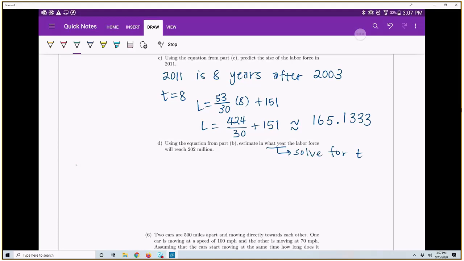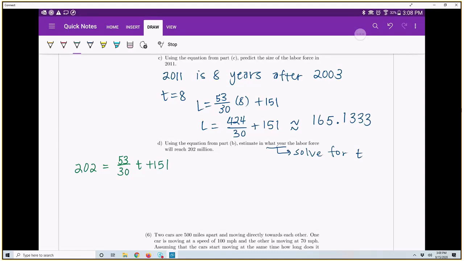So we said 202 equal to our equation. Our equation was 53 over 30 times T plus 151. I'm going to find the value of T.